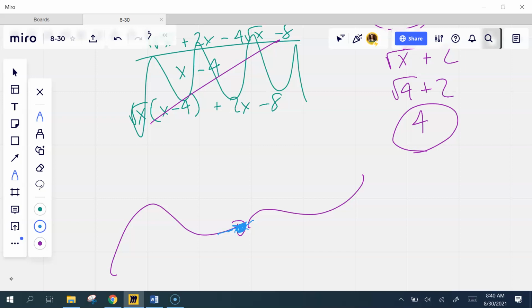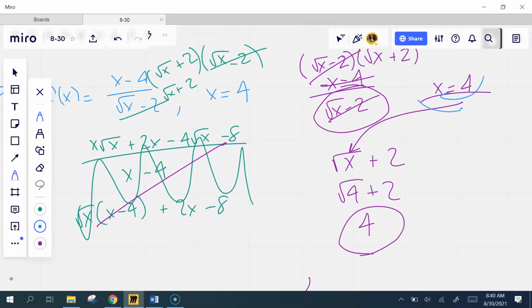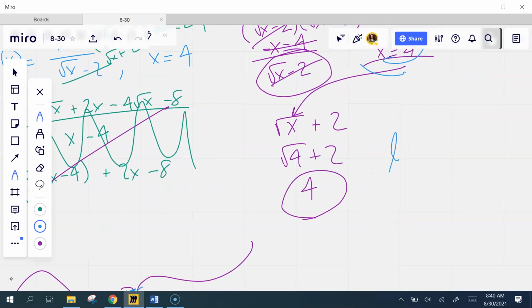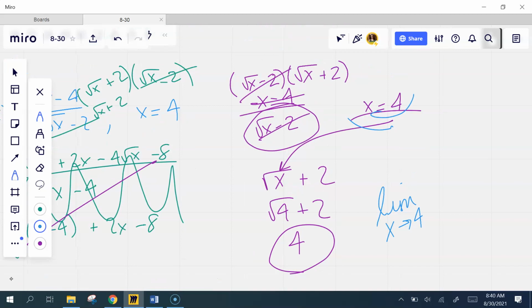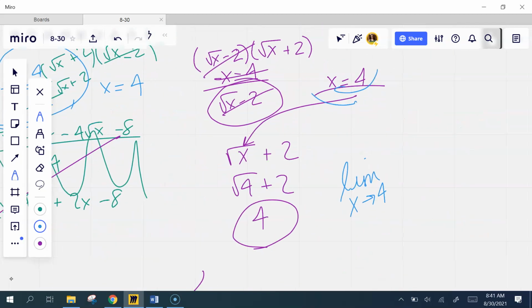So what we need to do is, this was at 4, right? So we need the limit as x approaches 4 of this. You can't just plug in 4, that's exactly right. So we're doing algebraic manipulation so that we can just plug in 4 and get the value.